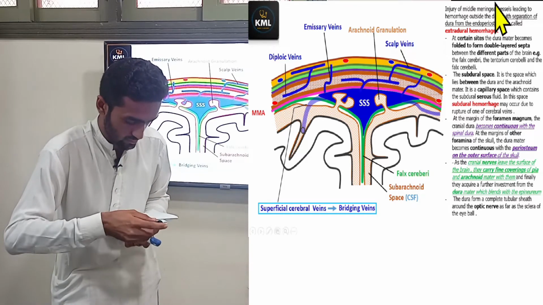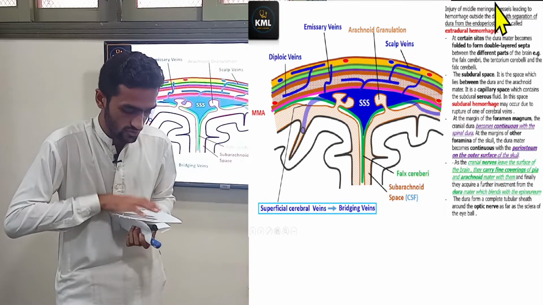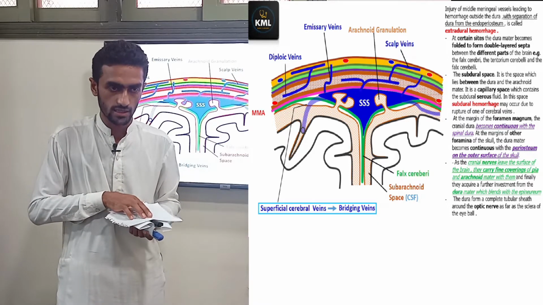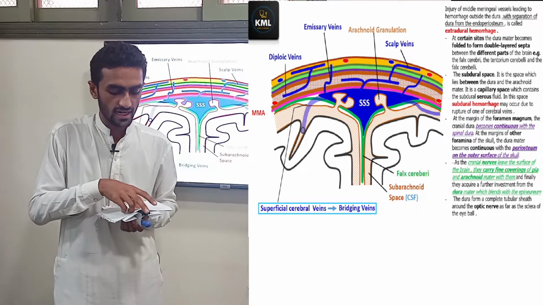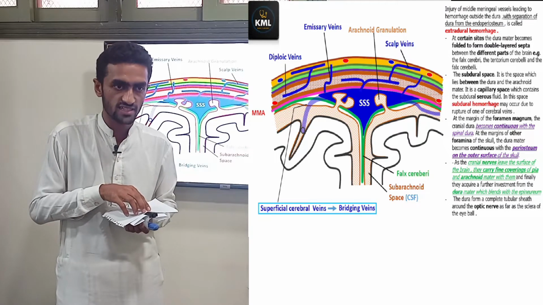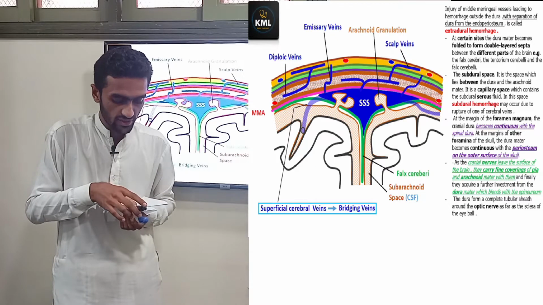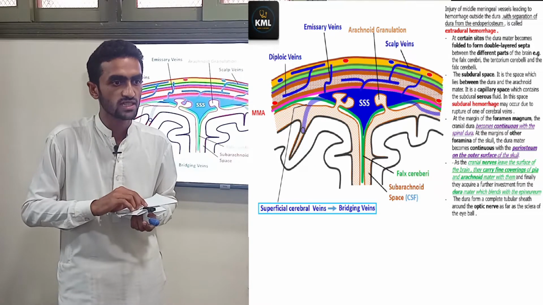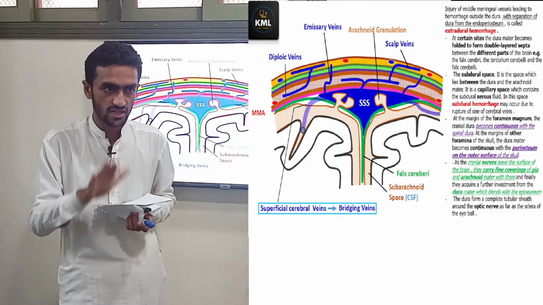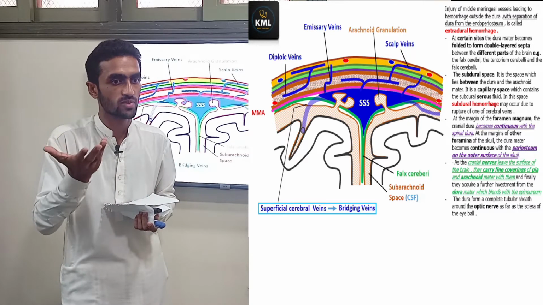Can you see these two markers? They are showing two sinuses. One is the suprasagittal and the lower one is the infrasagittal sinus. The part in between, which is connected, is your falx cerebri. Can you see the relation of the infrasagittal sinus and the suprasagittal?